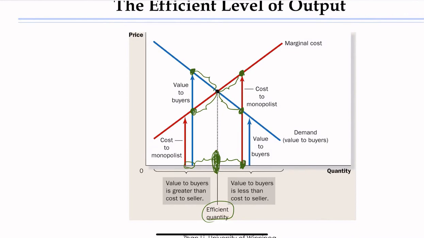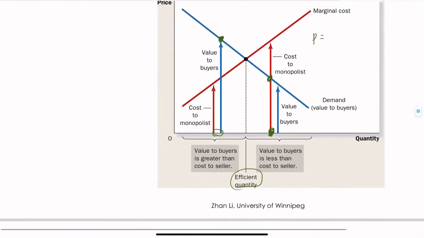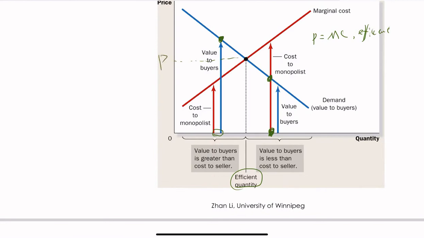So this tells you a very fundamental result. That is, if price equals marginal cost, then the market is efficient, right? At this point, you can see that price is given by this dashed line. So here at this intersection, price equals marginal cost. And then here, we have a price which is higher, even higher than the marginal cost.